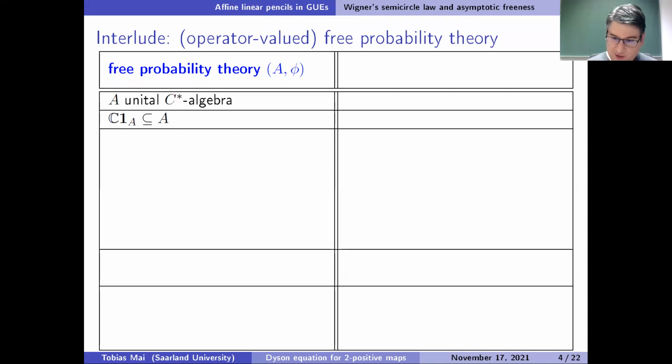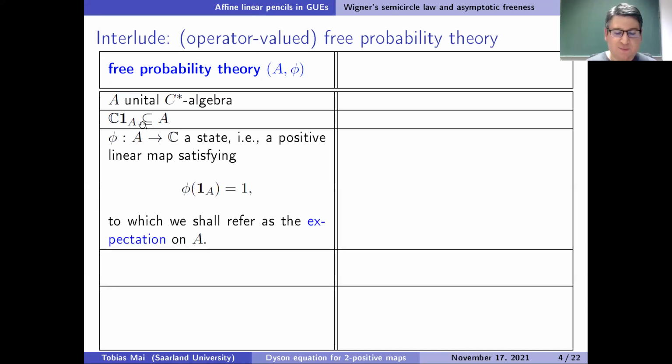So A is unital, and we restrict here in this situation to the case of C-star algebras. You can also do it for von Neumann algebras, or you can just do it in more algebraic terms. But here the C-star algebra framework is the right one. So we have a unital C-star algebra, and this simply means we have a unit element sitting inside A, of course, and the unit element is going to be denoted by 1_A.